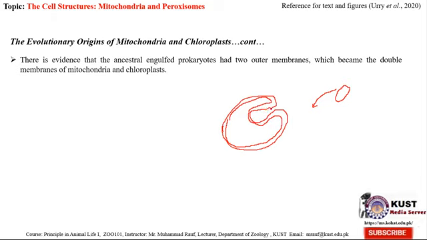So as this mitochondria entered here, this double membrane enwrapped around it, and similarly when chloroplast entered here, this double membrane also enwrapped around it. Therefore, the double membrane of these two structures validates the endosymbiotic theory.